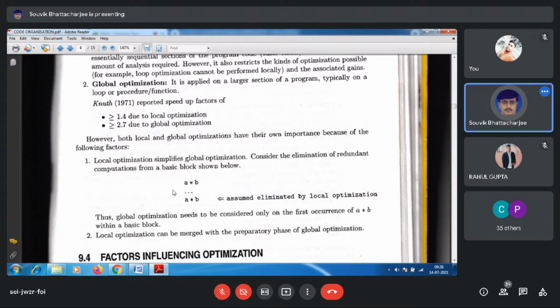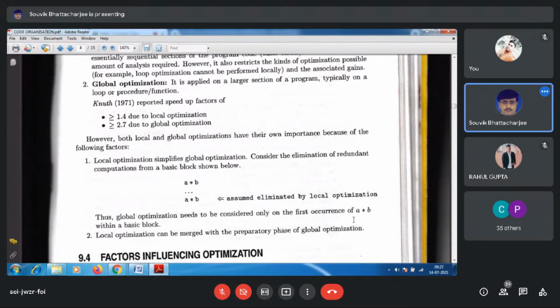Suppose the expression A star B is repeated several times. If F assigns to A star B, G assigns to F star B, M assigns to A star B, like these things, what you can do is compute the value of A star B once, put it in a variable, and use that variable or assign that value to other variables.